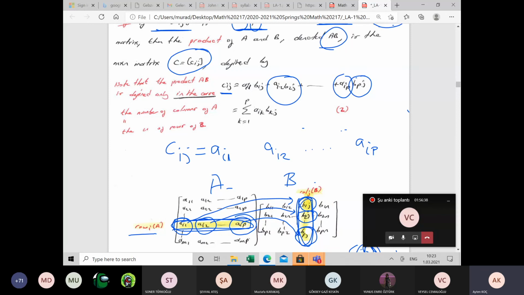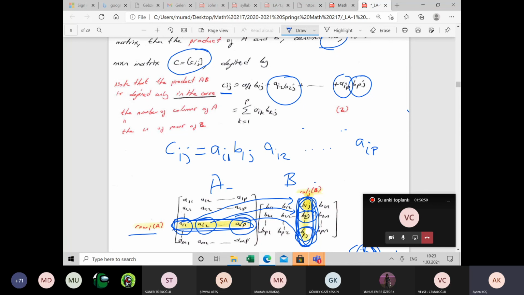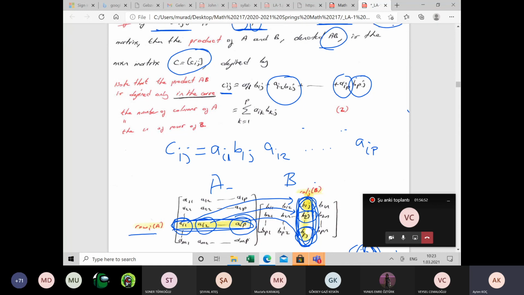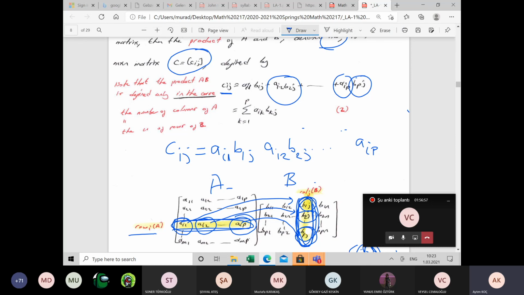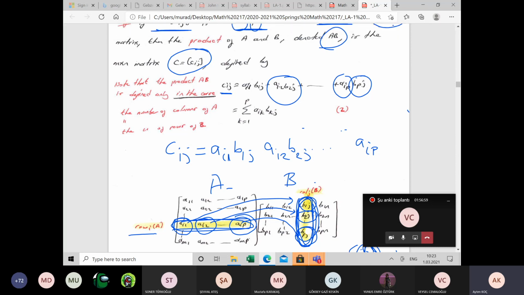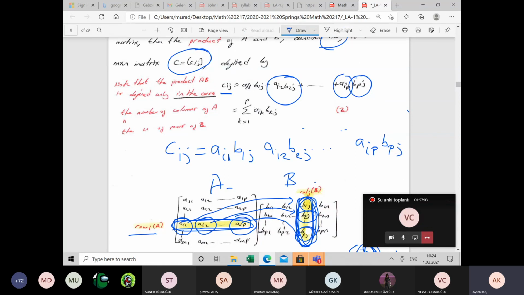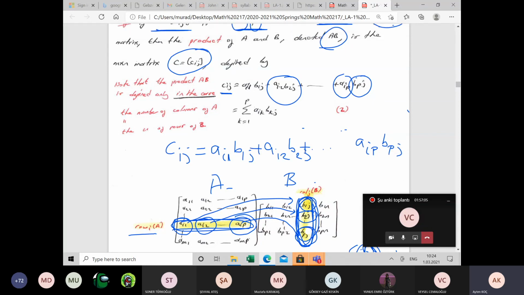Then look at the jth column and write the corresponding entries: first B1j, the second B2j, and the last entry of the jth column BPj. Then sum all of them.